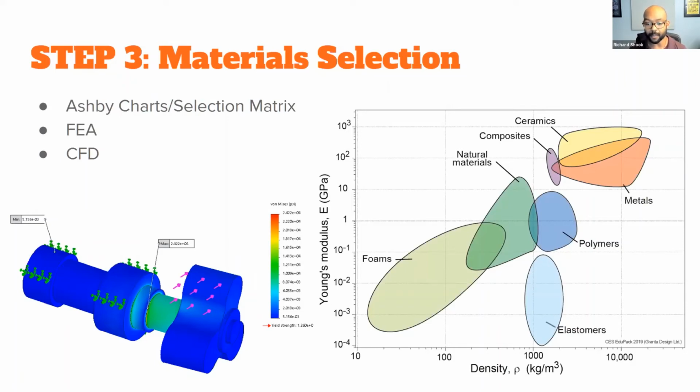This is just one example here. This is showing the strength of materials relative to their weight. Once we know what our forces are, we can actually go to this chart and figure out which family we generally want to be within.